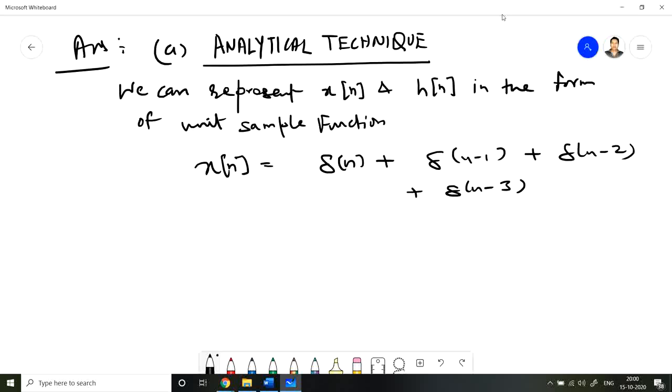So we have written x[n] in the form of unit samples. Then h[n] can also be represented in the form of unit samples. So h[n] is equal to delta[n] plus delta[n minus 1] plus delta[n minus 2]. So this is our x[n] and this is our h[n].